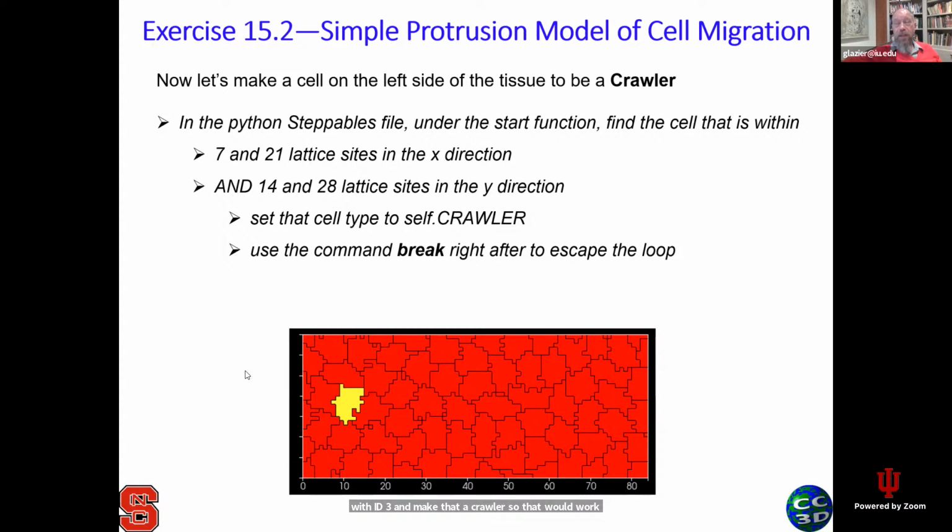So in any case, we want to stop our loop, if we're going to loop, after we find one cell, because we only want one crawler cell. So everybody find a way. You have lots of ways of doing it. To change one cell out of all of our cells to be crawler. And let me know when you've got that working.